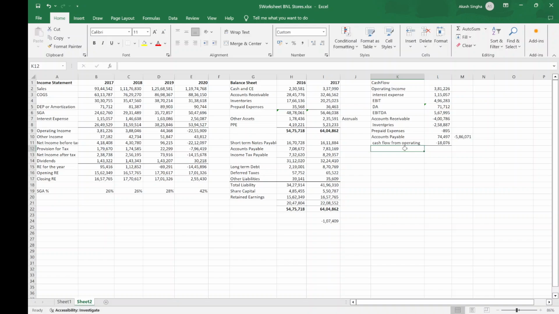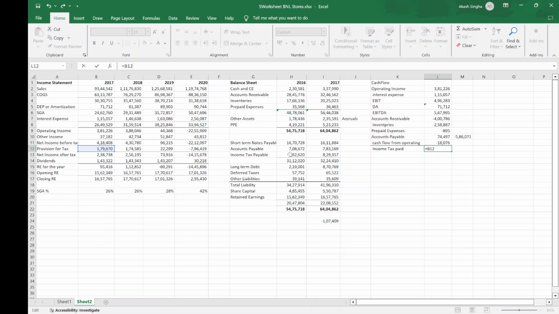After that, we have paid income tax. Tax paid should be provision for tax. It's positive, so income tax paid is this, and then here related to income tax payable.